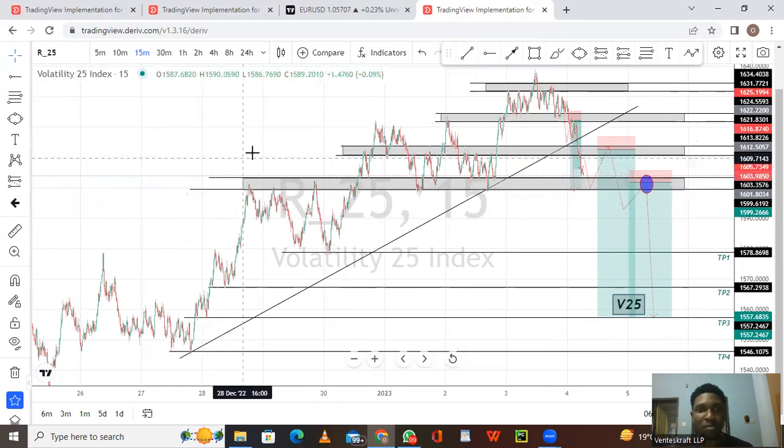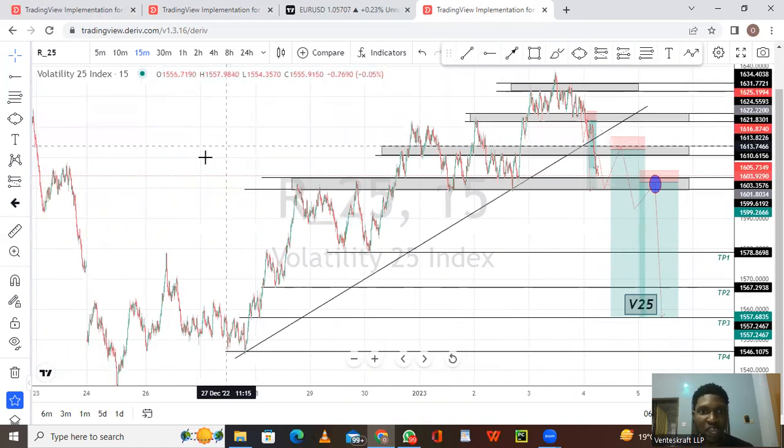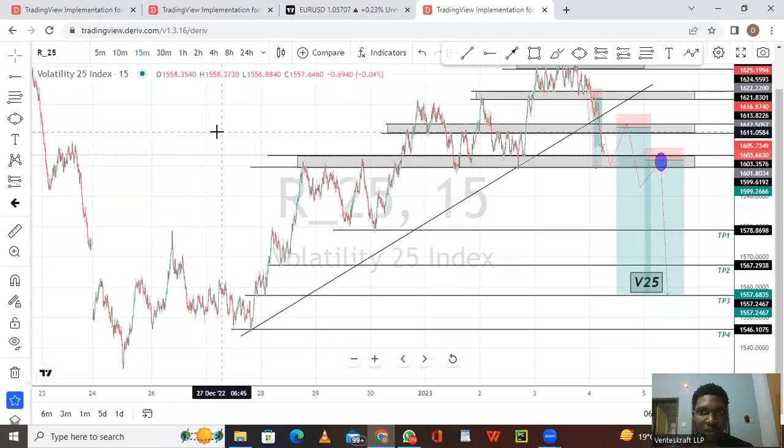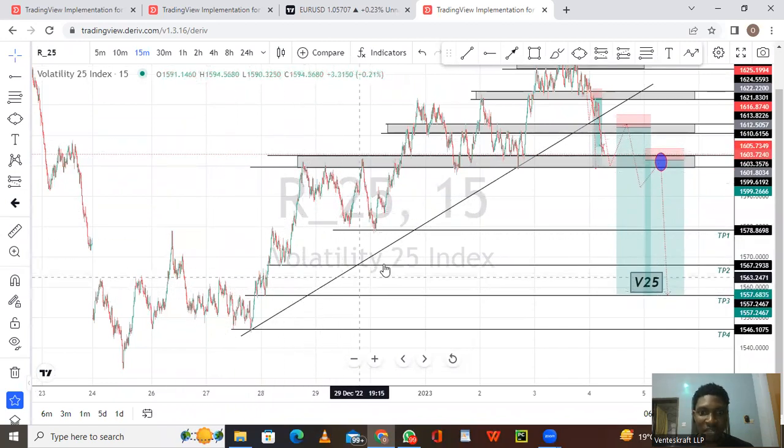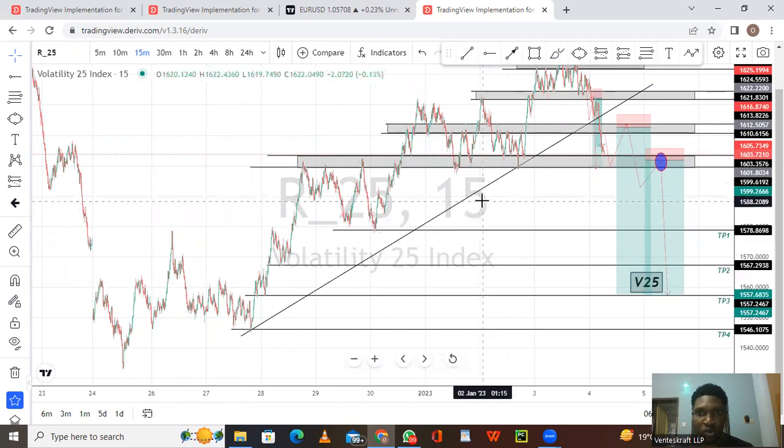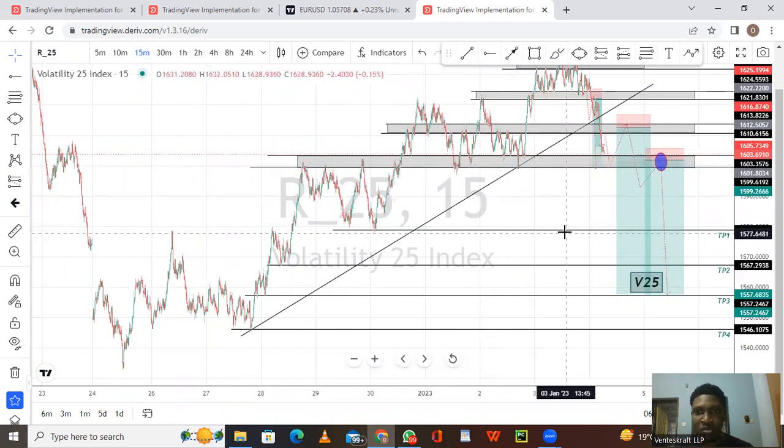Because I understand that the market is fractal, I came all the way down to the 15 minutes, and I was able to spot a trend line which I know should be broken for the market.